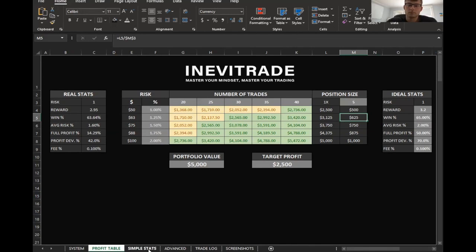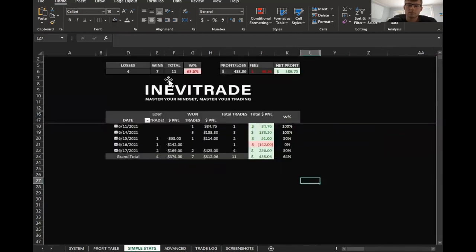It also takes your data and puts it into what we call simple stats, or your dashboard, as far as your profitability on a daily basis. How many losses have you had? How many wins? How many total trades and your win percentage? What's your profit and loss on those trades, minus the fees we talked about, and then your total full profit. And so you can see here, this is just a daily breakdown.